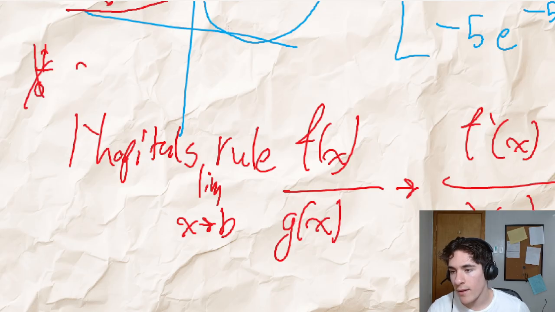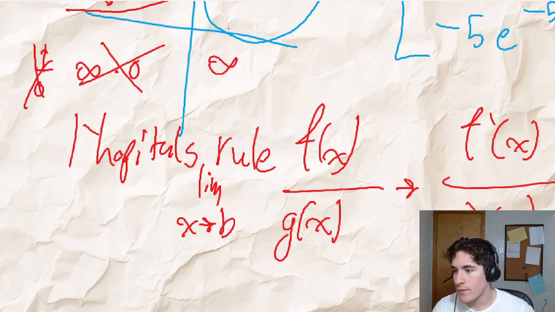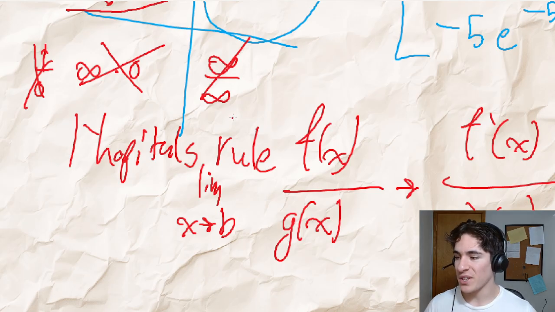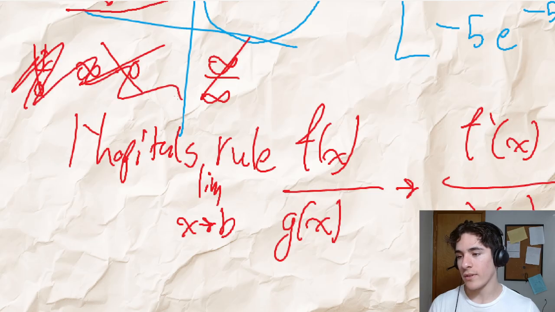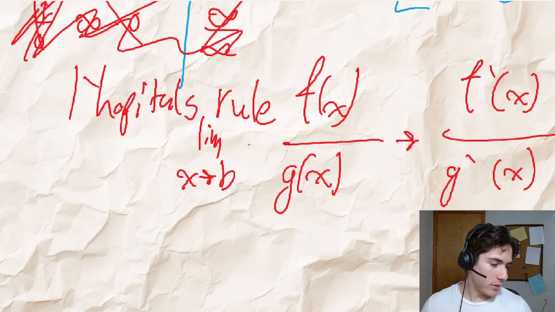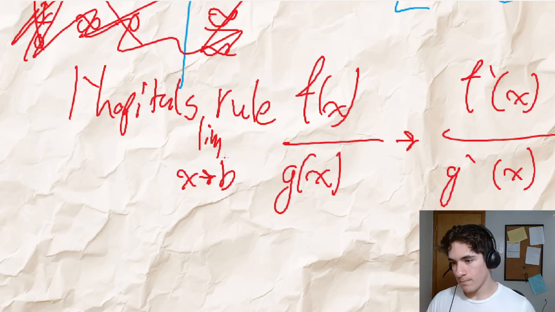They can't have infinity times 0, and it can't be infinity over infinity, or infinity over negative infinity, as that would be indeterminate. We don't know what that is. If you do, make sure to comment it down below, because then we can forget about all of this and just evaluate them normally. However, I don't, and you probably don't know either, so this is the rule.